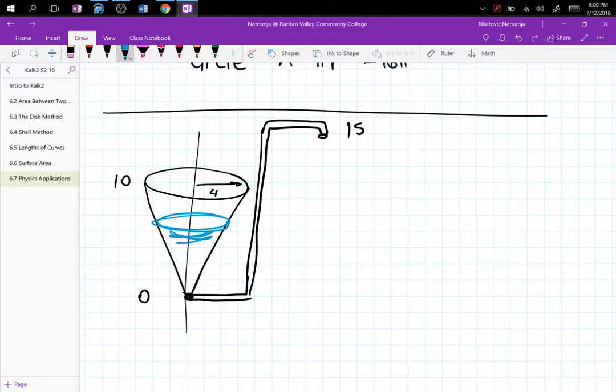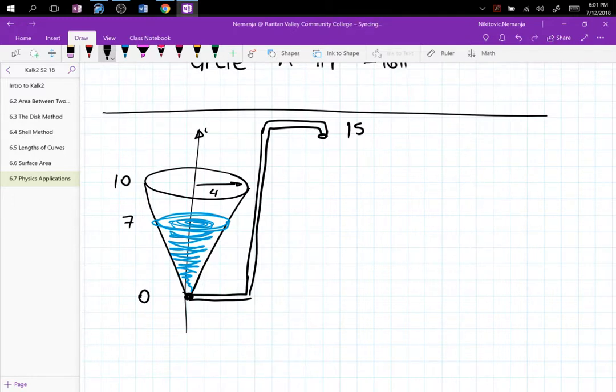So we have the liquid over here, and the liquid is at 7. Technically, this is one of the most important sections of the entire Calculus 2 if you are a mechanical engineer, let's say, because this is the stuff you're working with.